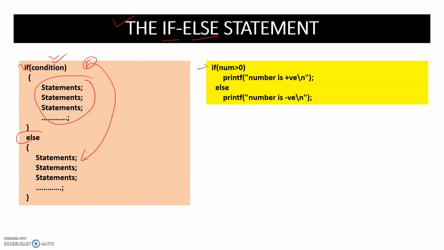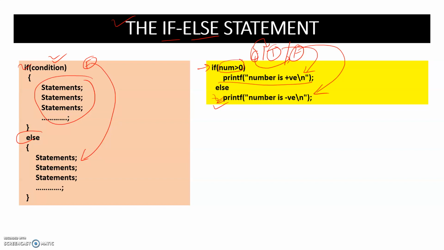If this is my condition, I am calling it C. If this condition C is true, then execute this. If condition C is false, then move to the else part and execute this statement. So this is about if and else statements, where if something is true, then execute this, and if it is false, then this.